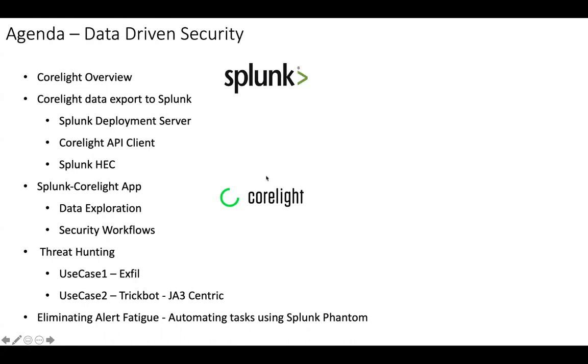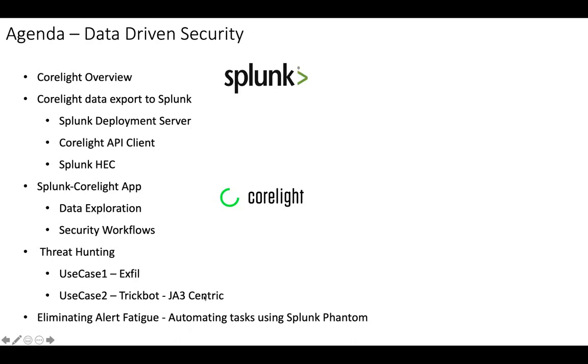Then we'll get into a hands-on lab, exploring the Corelight application within Splunk, doing some data exploration and security workflows. And then we'll get into two use cases around threat hunting. We'll look at possible exfil within a network.